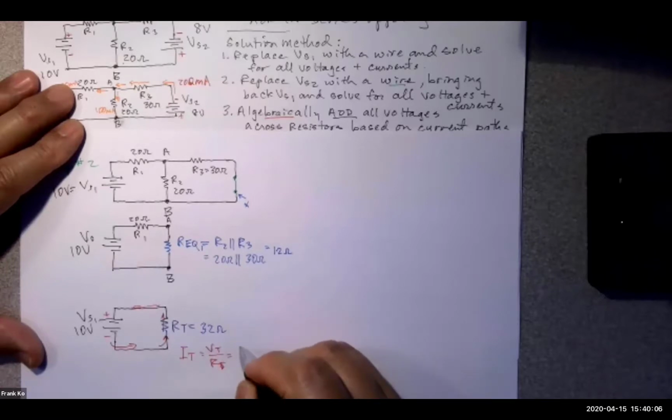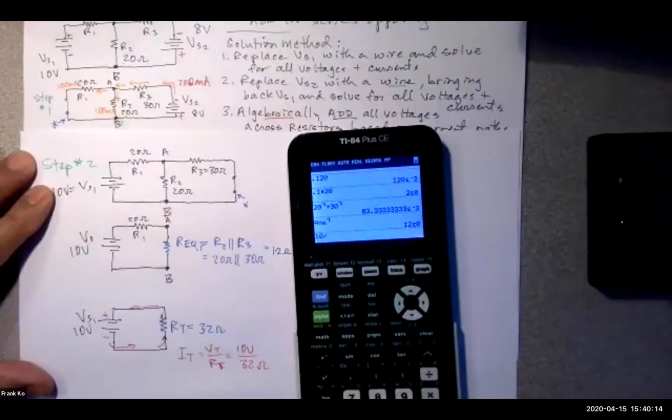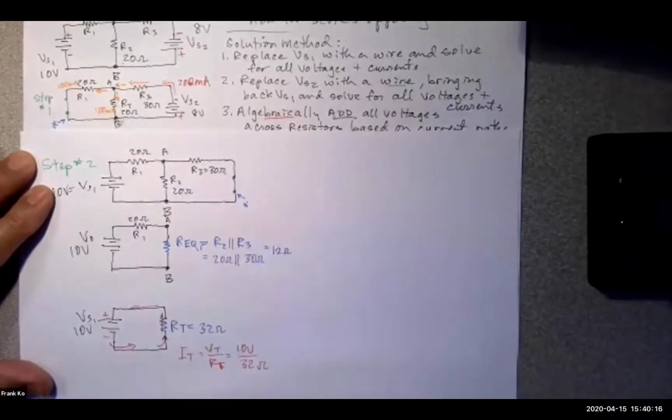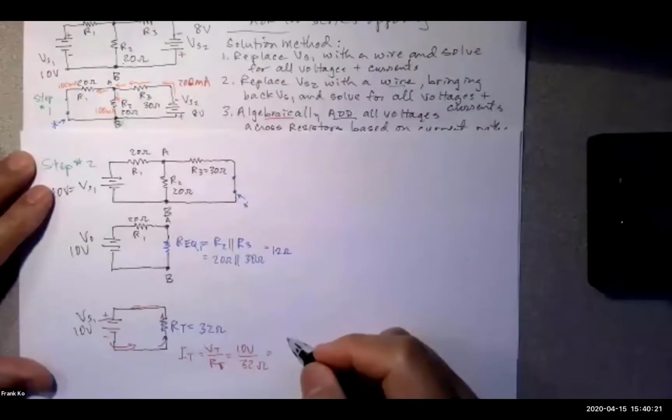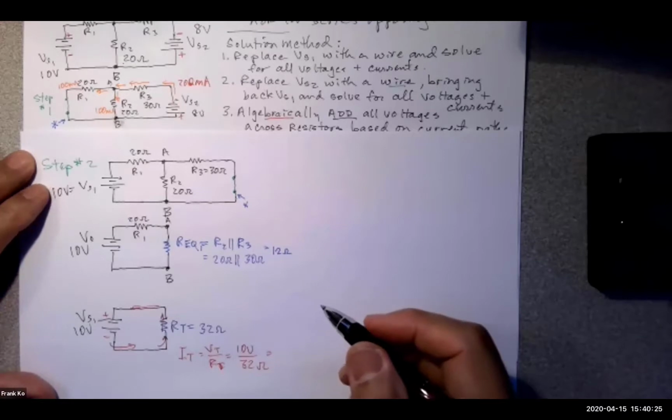And that's going to be equal to 10 volts over 32 ohms. 10 divided by 32 equals, question goes to Pauline. Do you happen to have that number for us? 312.5 milliamps.